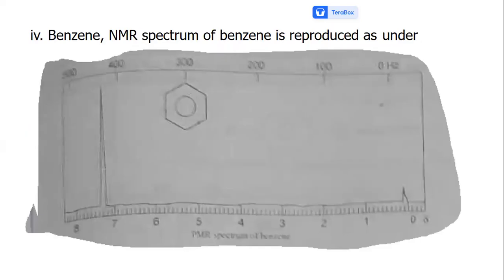In case of benzene, the NMR spectrum of benzene is reproduced. Only 1 peak.